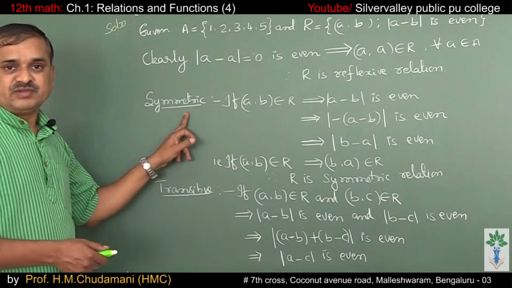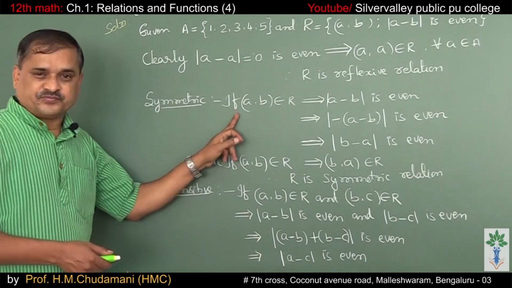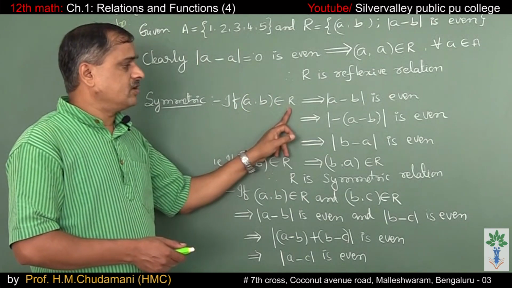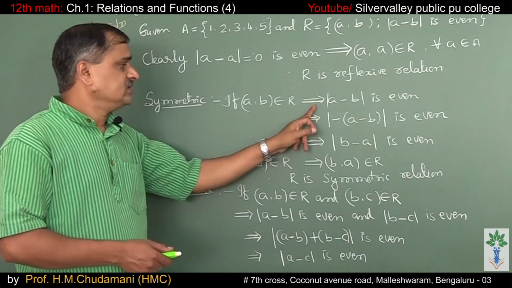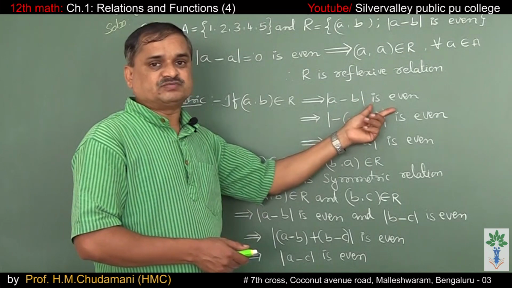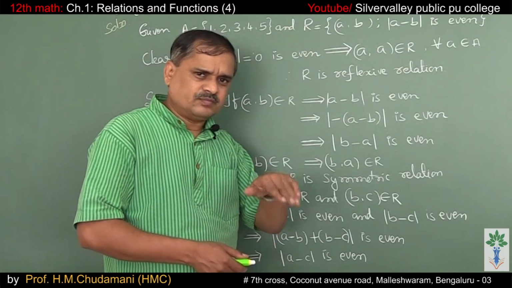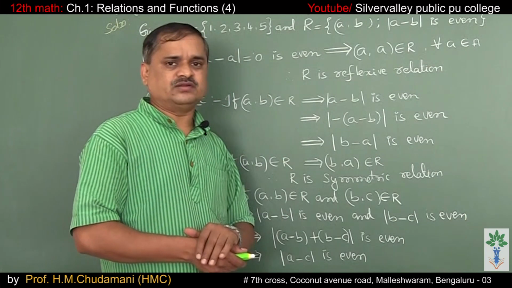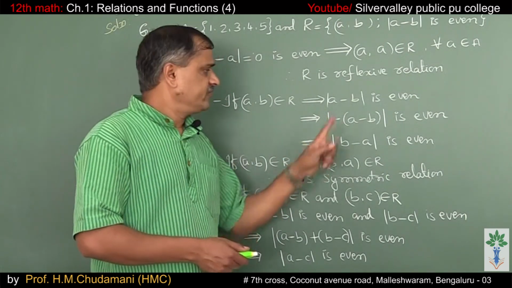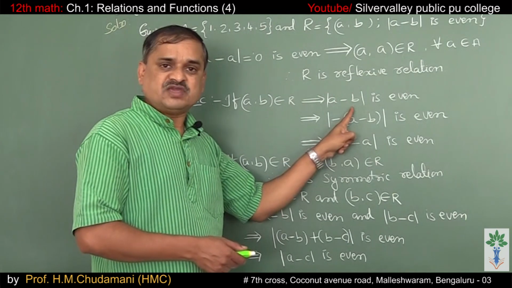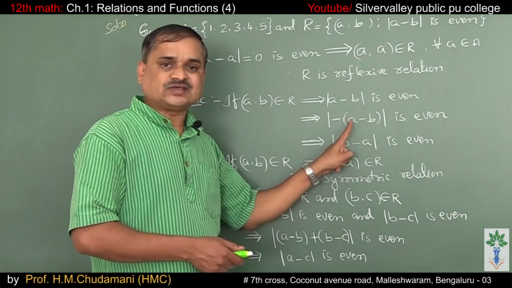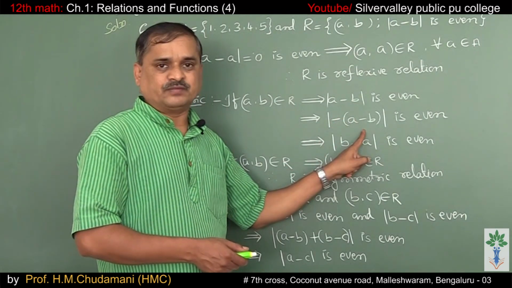Next, symmetric relation. If (a, b) belongs to the relation, it implies modulus of a minus b is even. If 2 is even, minus 2 is also even. Agree? So, a minus b is even means minus of (a minus b) is even.